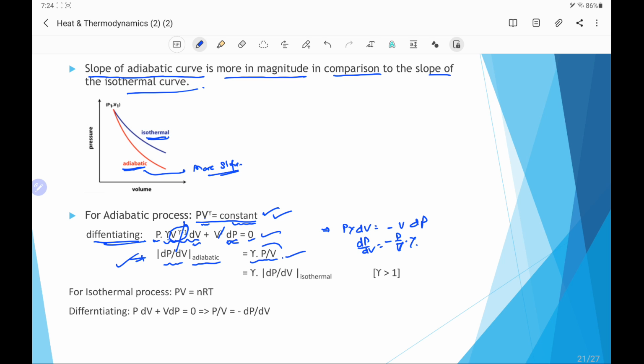And this P by V is the slope of the isothermal graph, which we can calculate from the ideal gas equation. It is PV equal to nRT, where for an isothermal process T is constant.